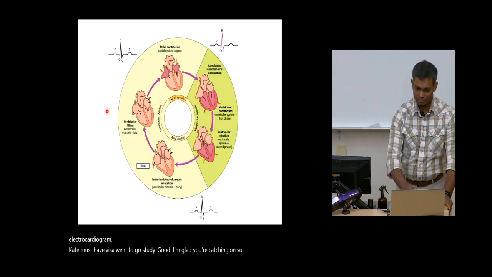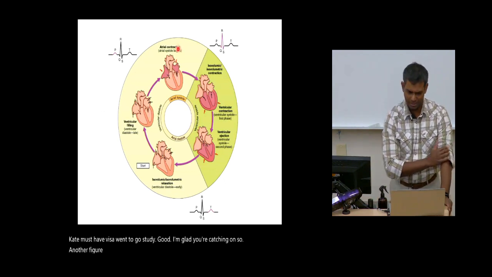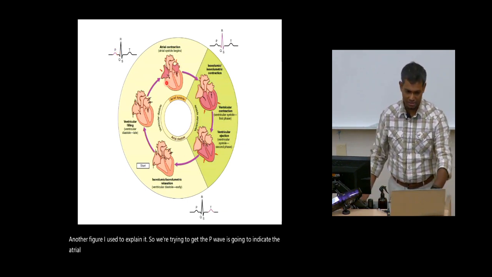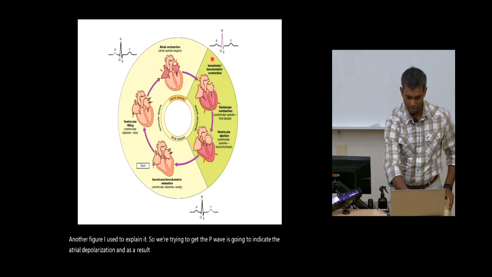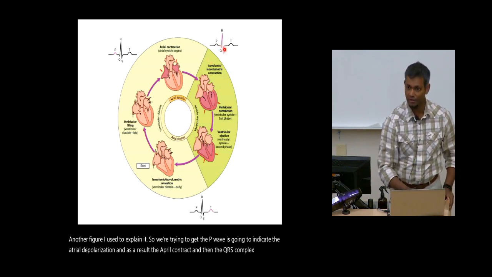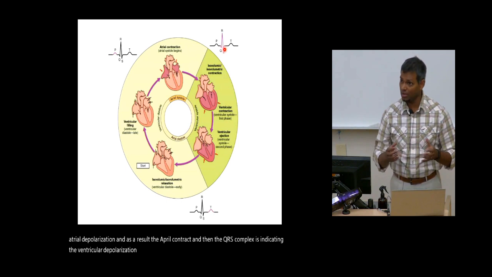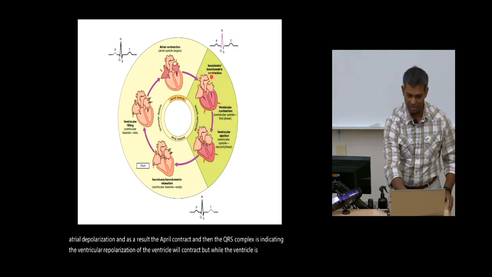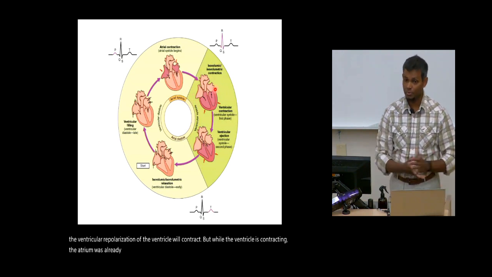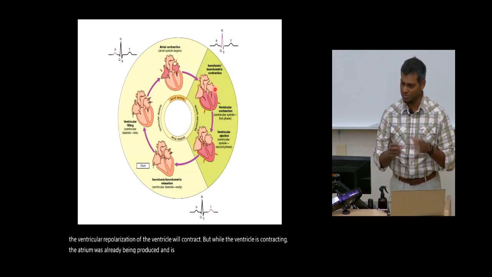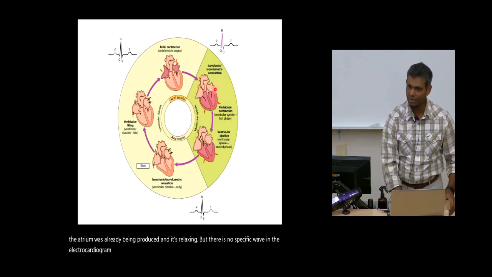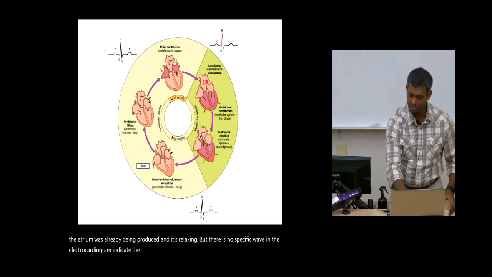So here's another figure I used to explain it. We find that the P wave is going to indicate the atrial depolarization, and as a result the atria will contract, and then the QRS complex is indicating the ventricular depolarization and the ventricle will contract. But while the ventricle is contracting, the atria has already repolarized and is relaxing, but there is no specific wave in the electrocardiogram to indicate the atrial repolarization.